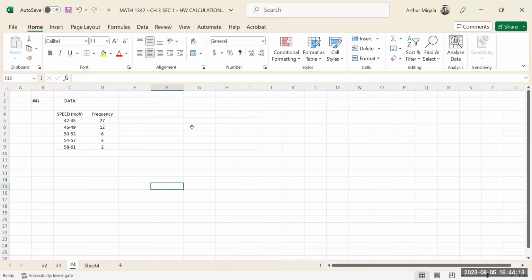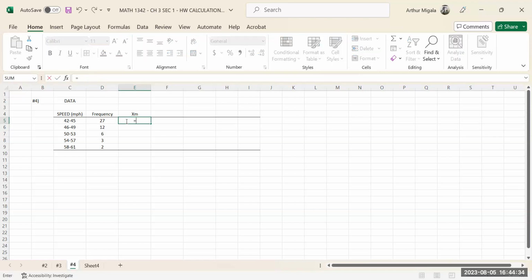In order to find the mean, I first have to find the midpoints of each of these ranges. I take the 2 numbers, 42 plus 45, and divide by 2. So the number in the middle of those two is 43.5.